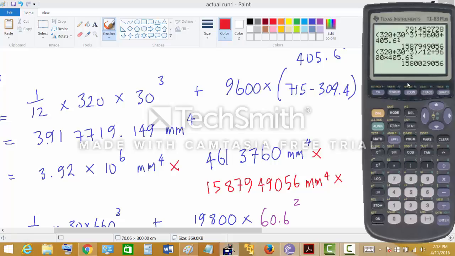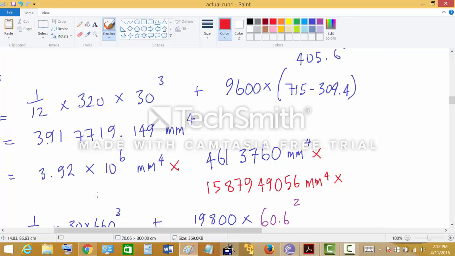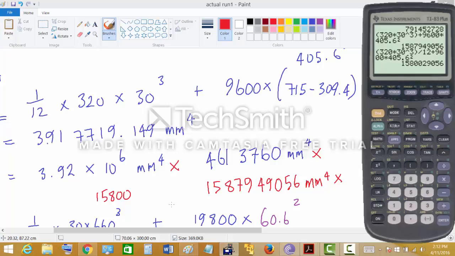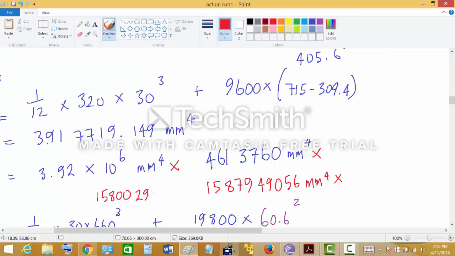Not much difference. 158, zero, 29056. 29056. 2, 3, 4, 5, 6, 7, 8, 9.